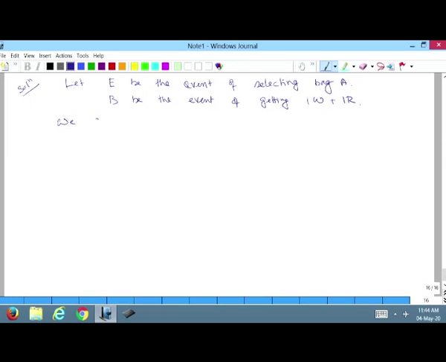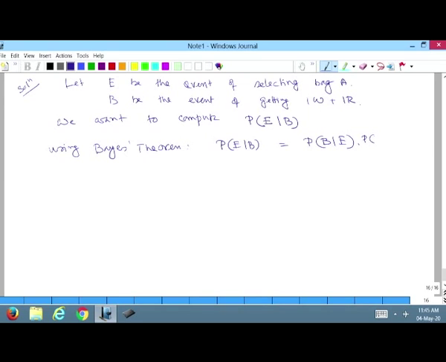We want to compute the probability of E given B. Therefore, using Bayes' theorem, the probability of E given B is equal to the probability of B given E multiplied by the probability of E divided by the probability of B.